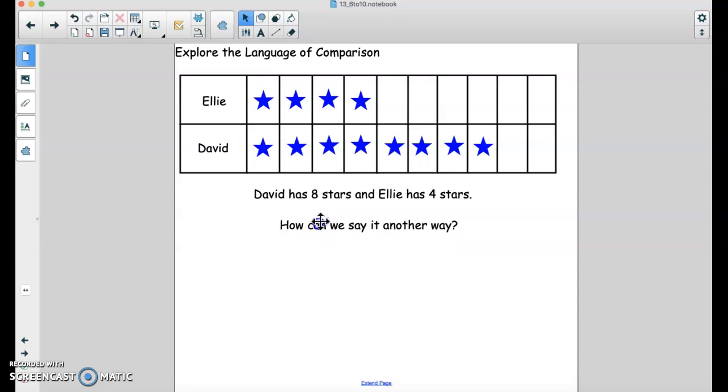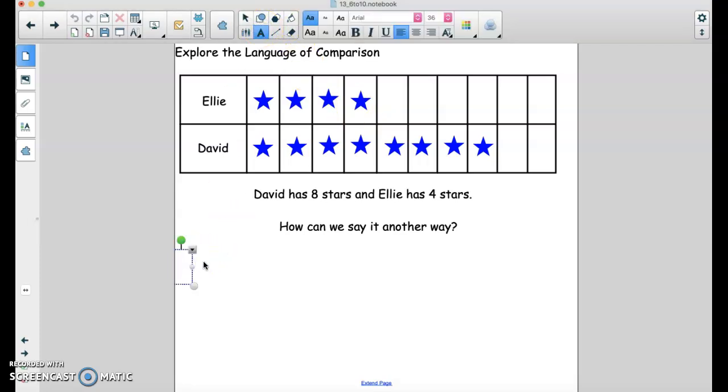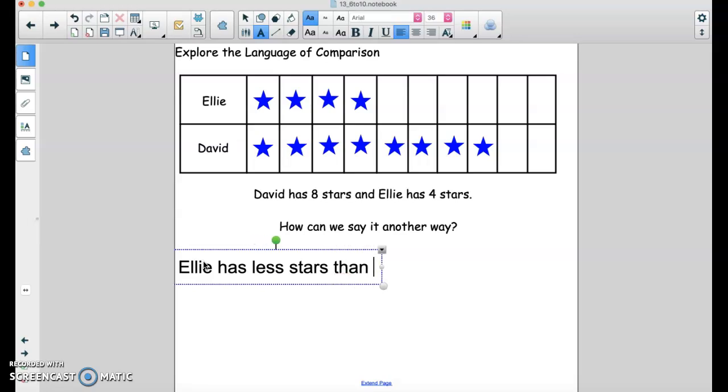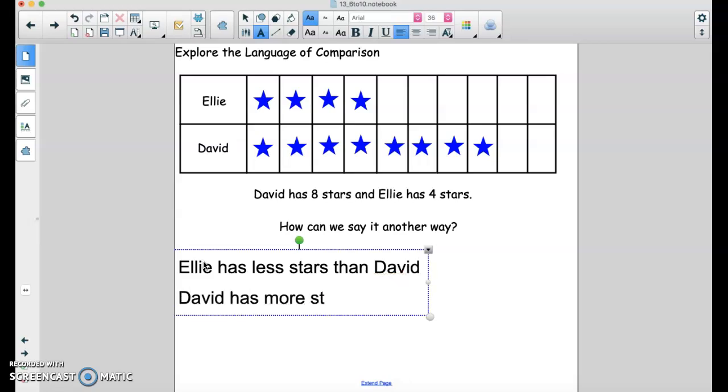Another way we can say this is that Ellie has less stars than David. Another thing I could say is David has more stars than Ellie. I could be more specific and say, how many less does Ellie have?